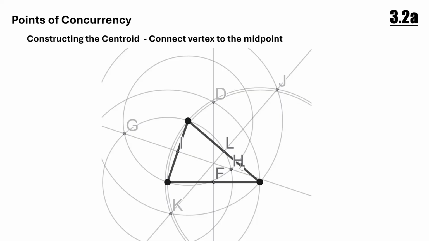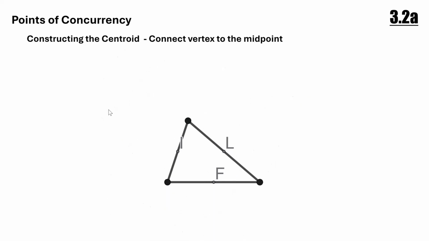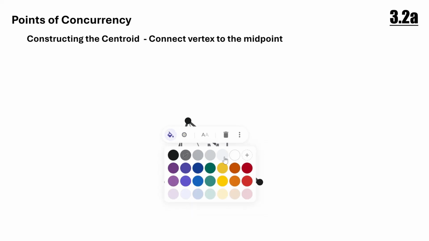Once all midpoints have been found, draw a segment from each midpoint to the vertex opposite to it. This will be called a median. After drawing each median, plot a point where they all intersect, and this will be the centroid.